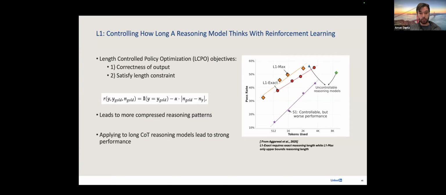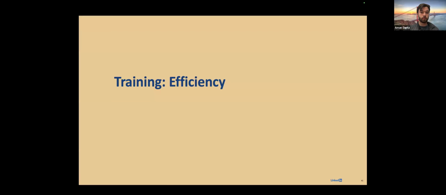An interesting conclusion of their paper is that it actually requires a relatively low amount of computation or fine-tuning with this reinforcement learning approach to change a long reasoning model to a more efficient one. Now, Aman will discuss training efficiency.